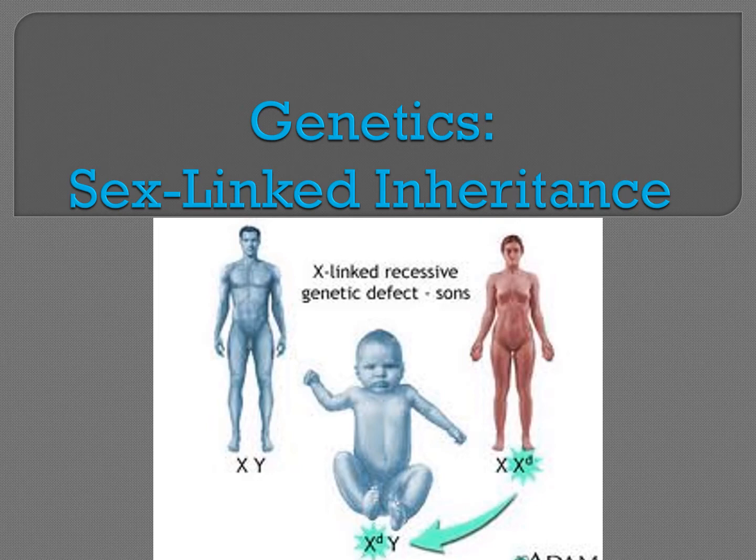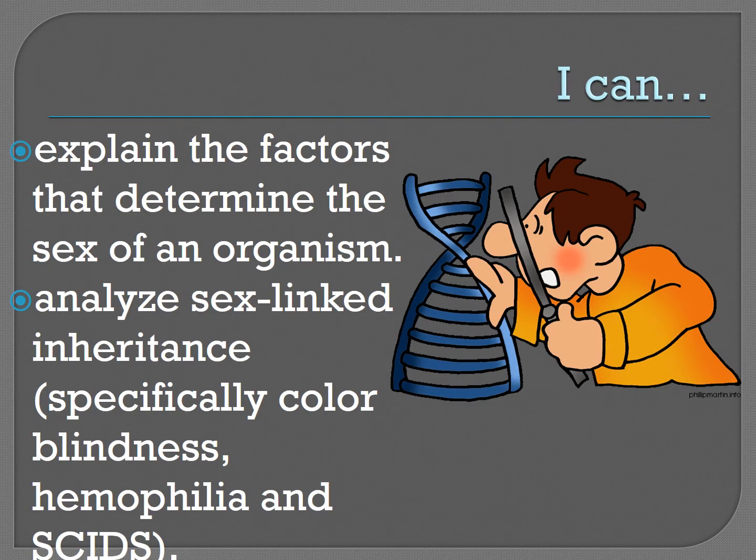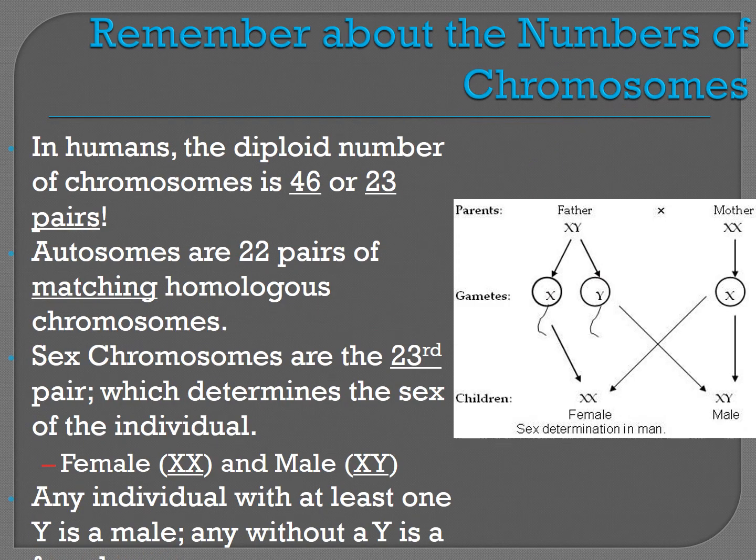So now we have sex link. Sex link is again going to be on the sex chromosomes. The other ones were body cells. Those are autosomes. That's why I said autosomal recessive, autosomal dominant. Right now we're going to talk about sex chromosomes and their issues.